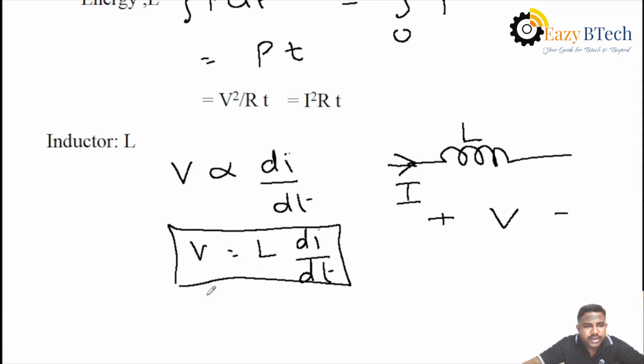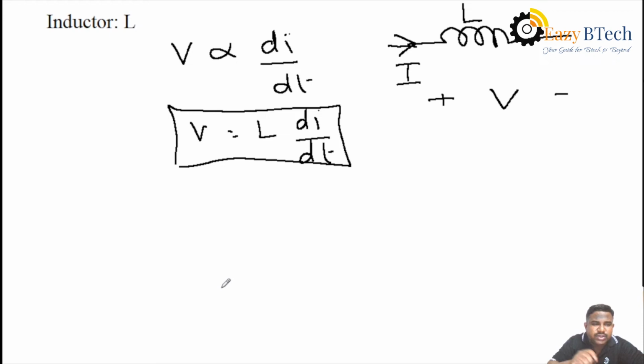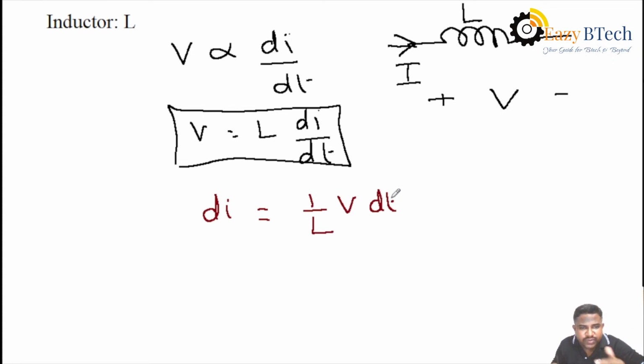If you know the rate of change of the current, then you can calculate the voltage, V equal to L into di by dt. Whenever we know the voltage value, you can cross multiply, so di equals 1 by L into V into dt. If we require the current value, we need to eliminate the differentiation.